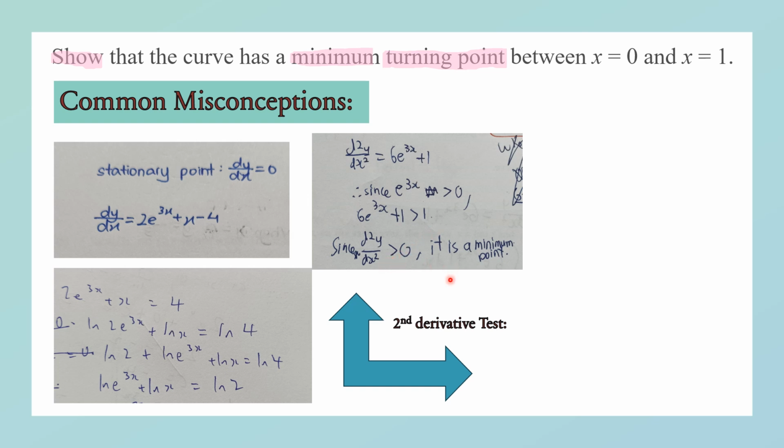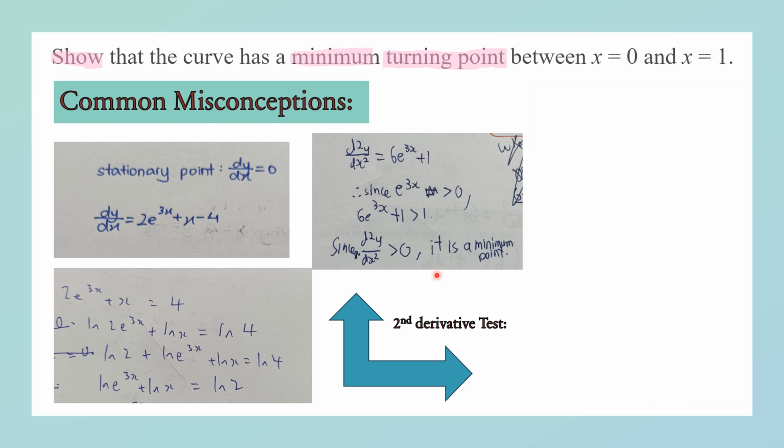But if you look at this solution carefully, it doesn't indicate very clearly, because the question says it's between x equals 0 and x equals 1. But in this solution, it says that it is a minimum point, but what is the it? Where is the it? This is something students struggle with.